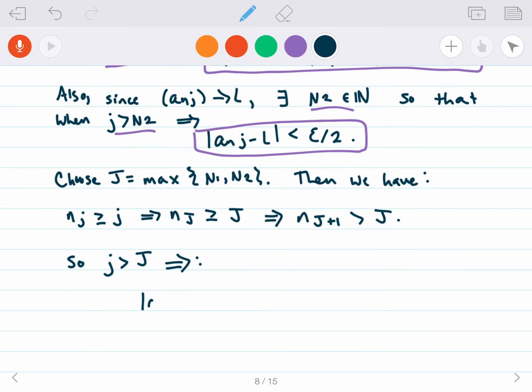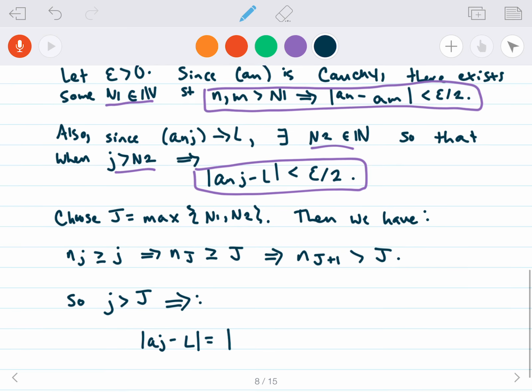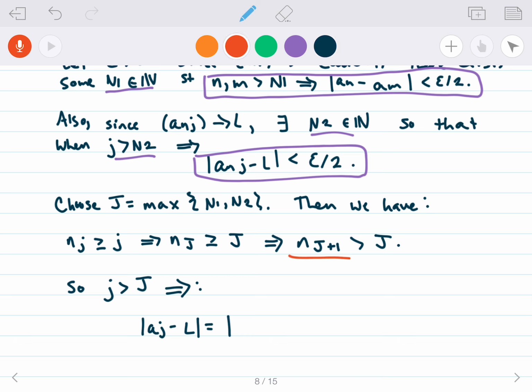We have a sub j minus L. Okay, so how am I going to incorporate this guy right here? This is the same thing if I do my triangle inequality trick.